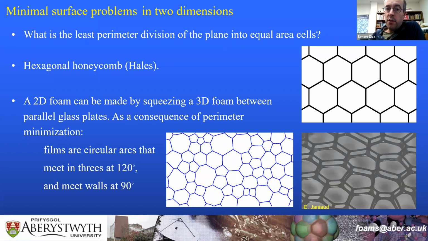Those arcs meet in 3s at 120 degrees. And if there are solid boundaries, which I'll introduce later, they meet those boundaries at 90 degrees. So it's a system where you can very easily see what's going on, and it's somewhat less computationally expensive to try many different possibilities.